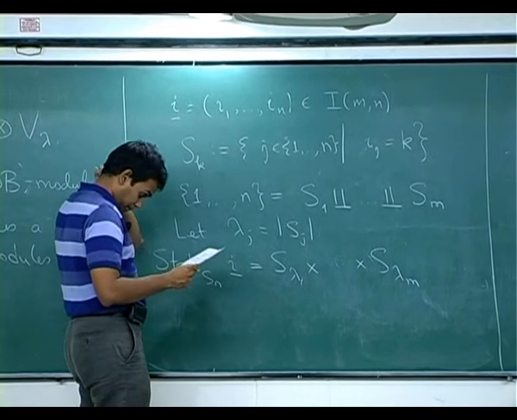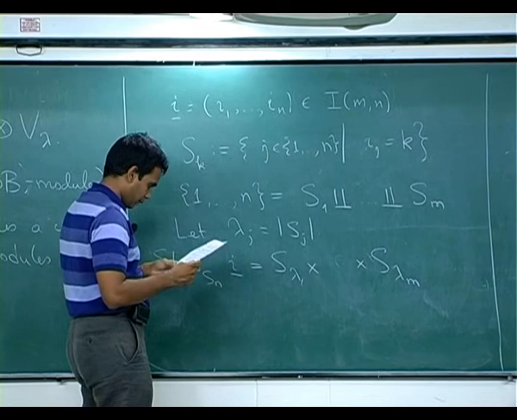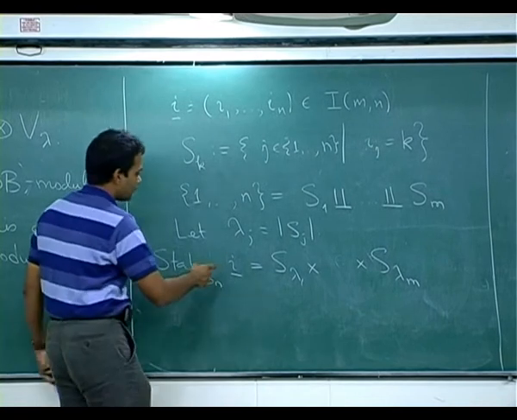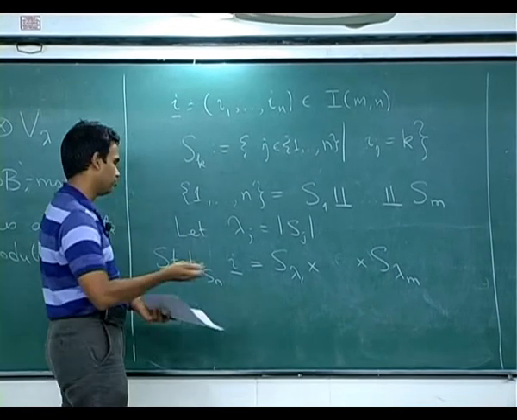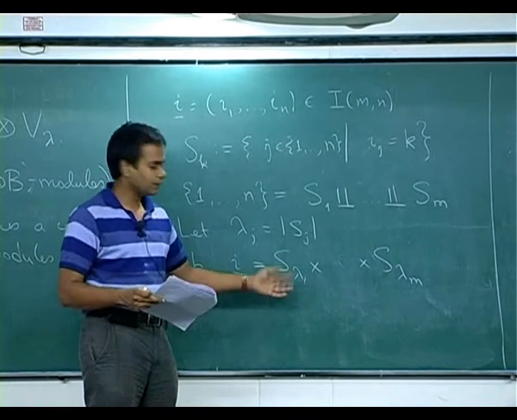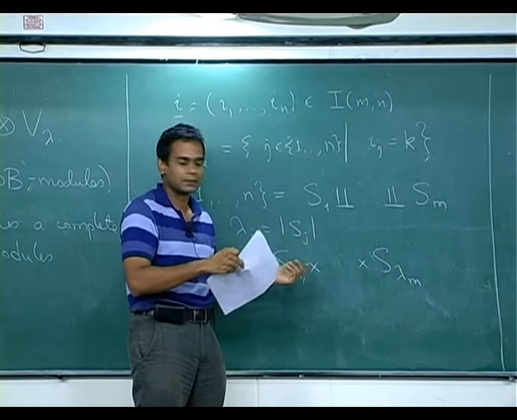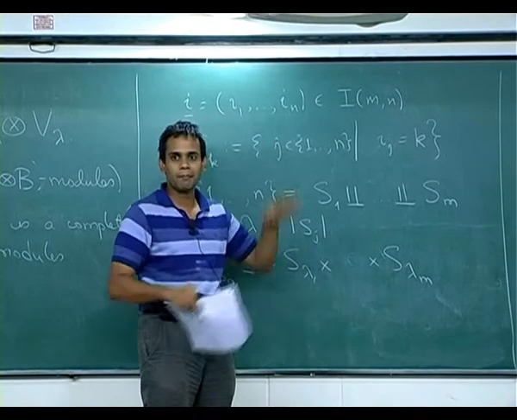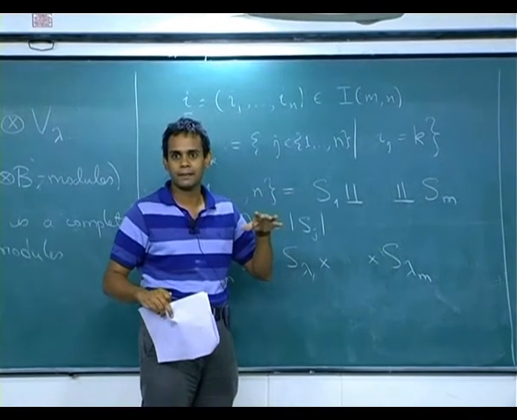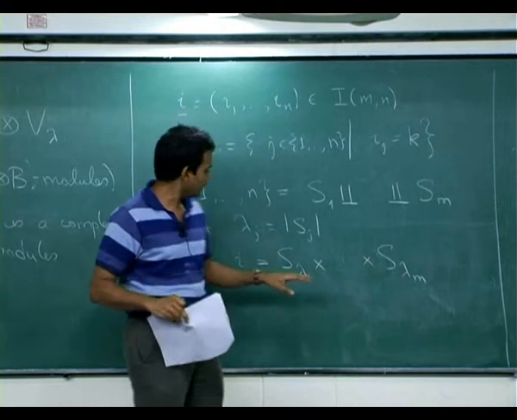and if you rearrange these lambda_1 to lambda_m in decreasing order, then these product factors get permuted. It just amounts to a conjugation in the big symmetric group S_n.